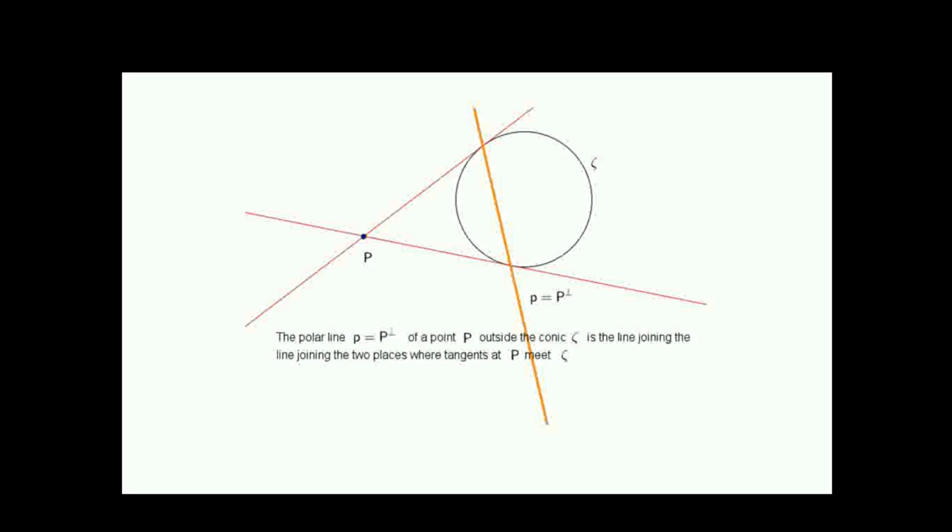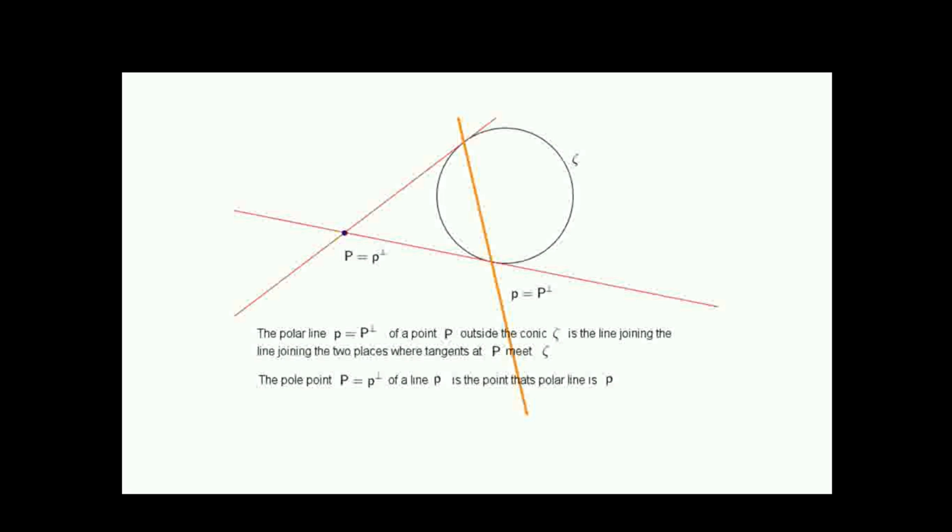Now, I'm only going through this quickly, so I'll just tell you a couple of very important facts about these things. One of them is, you'll notice I'm using this notation, P perp. So I'm using capital letters for points, lowercase letters for lines, and the line is equal to the point perpendicularized, or polared, or the dual of it.